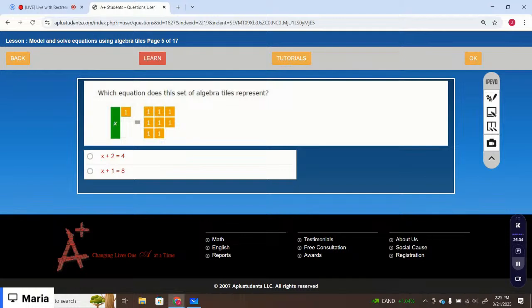Which equation does the set of algebra tiles represent? That is x plus 1 equals 8. Option number 2 is the correct option.